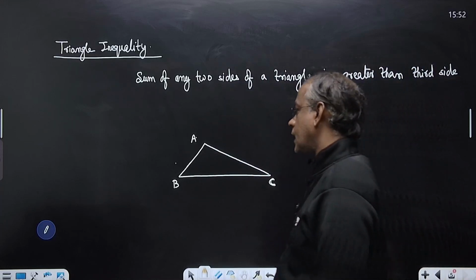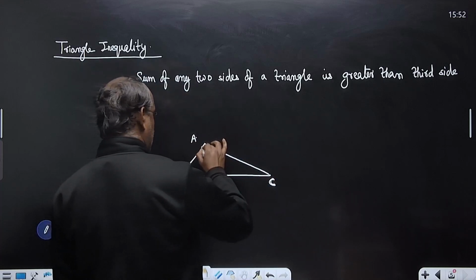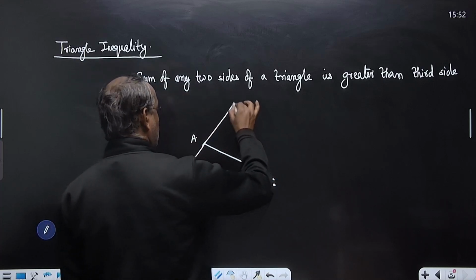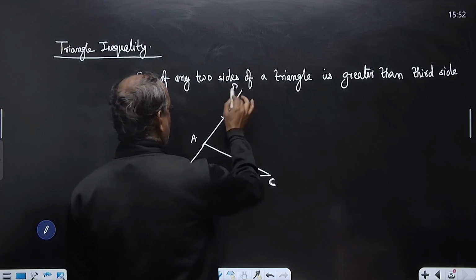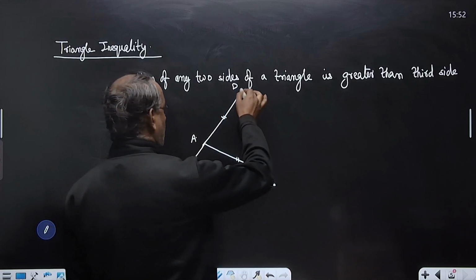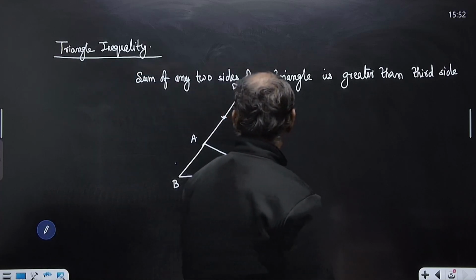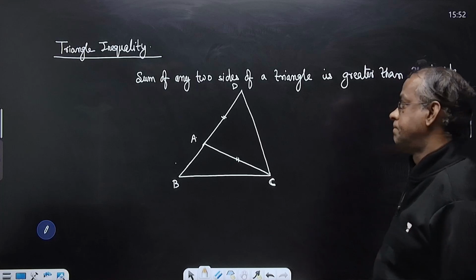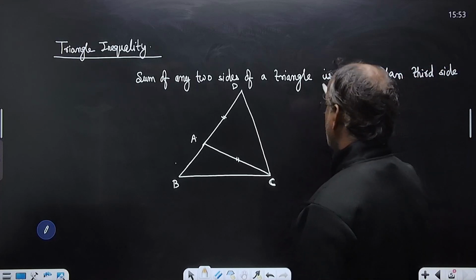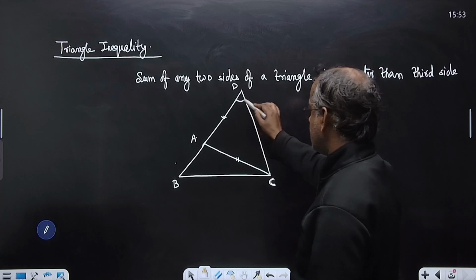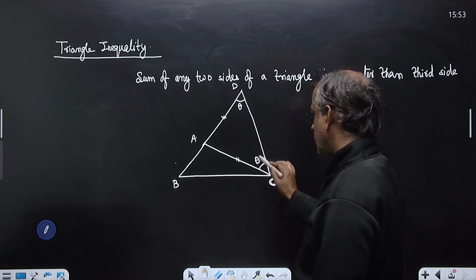So what we do is that we extend BA so that AC is equal to AD, and we draw this triangle. Okay, so this angle is theta, sides opposite to equal angles are equal.